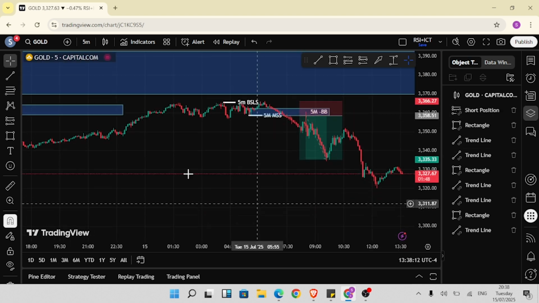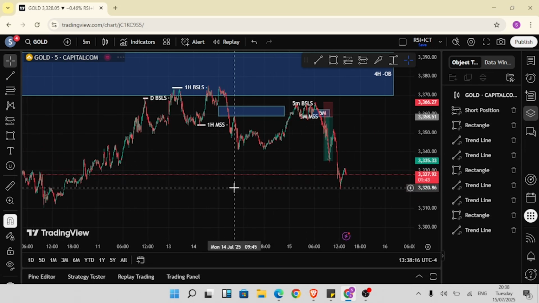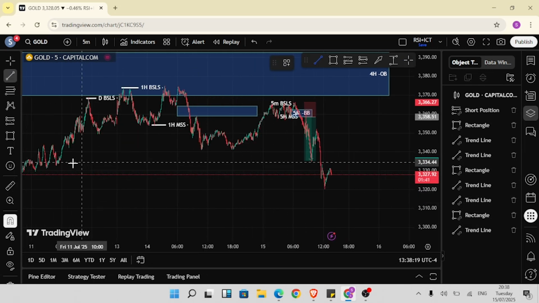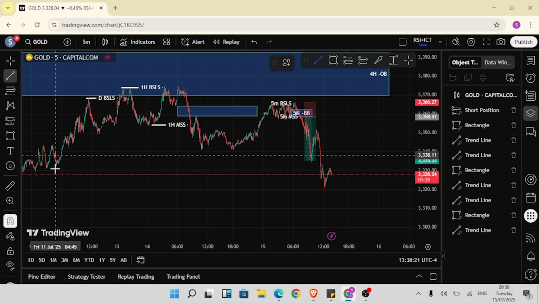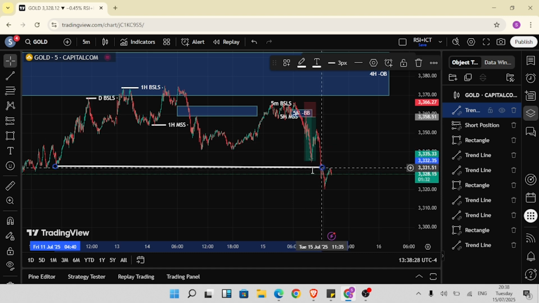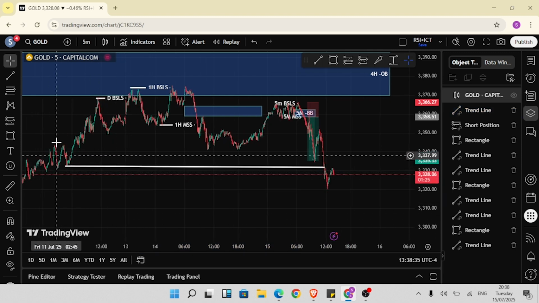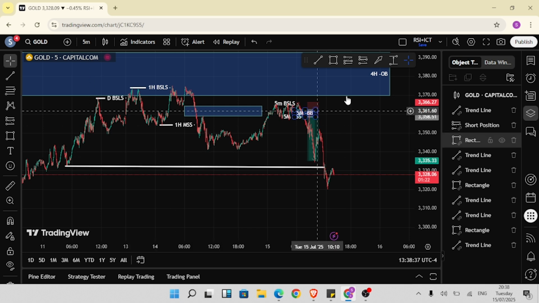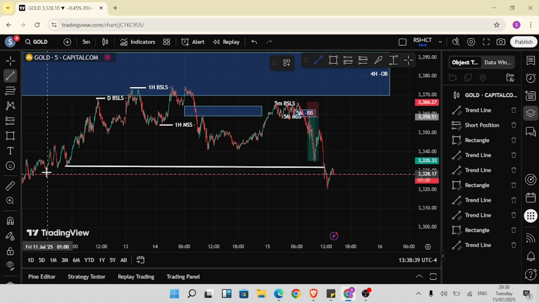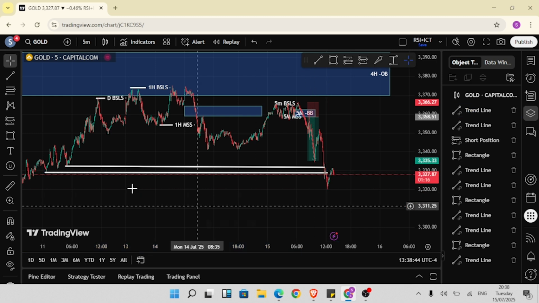Now if you're using market structure to get targets, you would have used this swing low right here as a target, and then finally we had several swing lows right here that delivered clean market structure as it moved up.